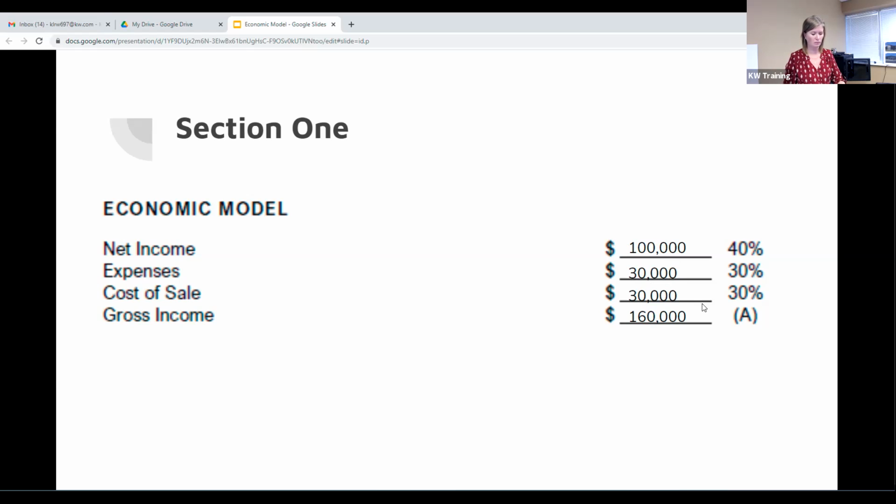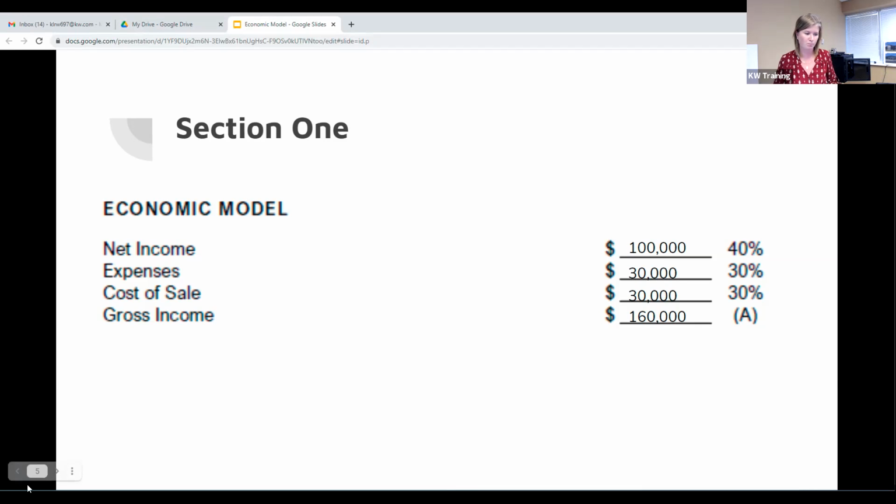So 40% of the gross dollar would mean that you are at 250,000, not 160. Right? If you take 100 and divide it by 0.4. What you have shown on there, you're showing 30% of your net income for expenses and cost of sales, as opposed to doing it 30% backwards from gross income, and then you're showing 100.